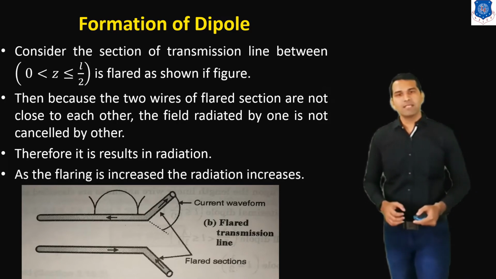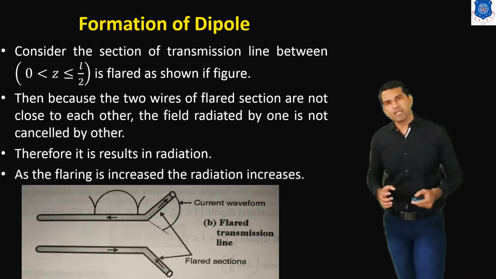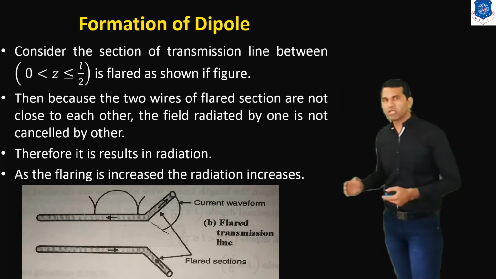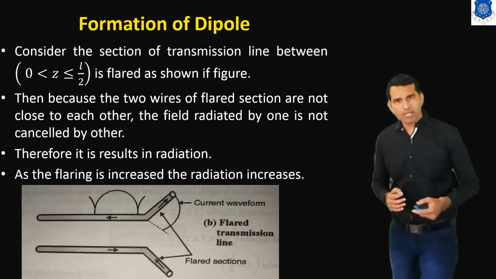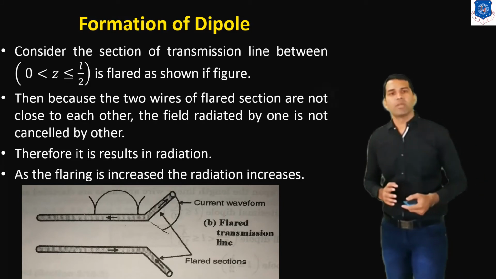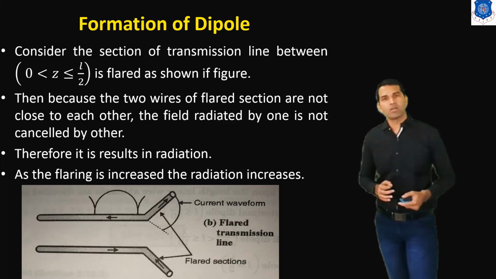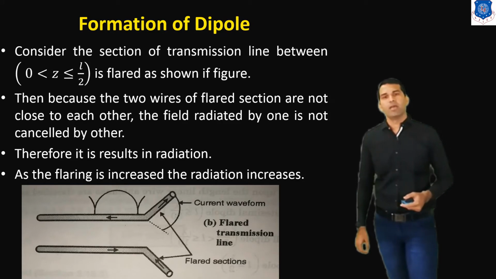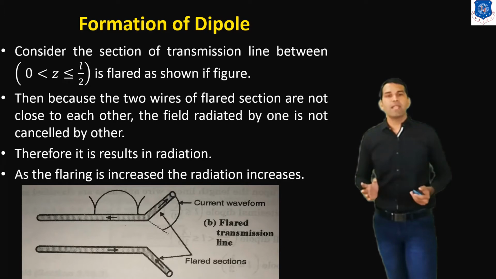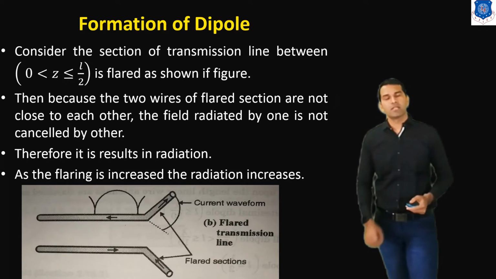As the flaring is increased, the radiation is increased. That means here we have given the flaring, and due to that the radiation is not cancelled, and the radiation also depends on the flaring. When we increase the flaring, at that time the radiation is maximum.